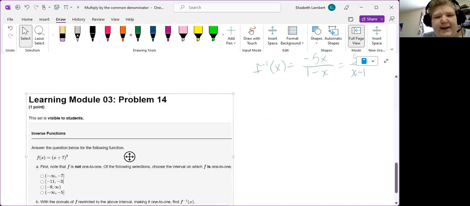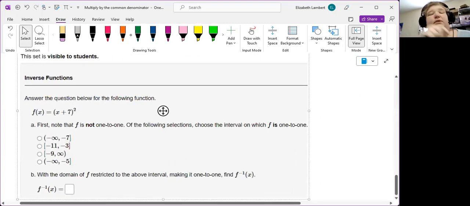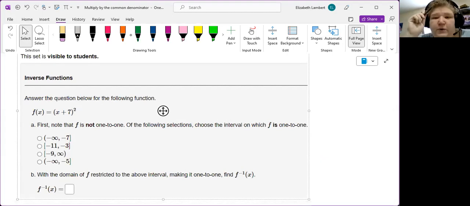All right, now, number 14. So this is a function that we're going to restrict the domain and then find the inverse for that restricted domain. So this is identical to the last slide in Desmos. All right, so the first thing, the quantity x plus 7 squared.